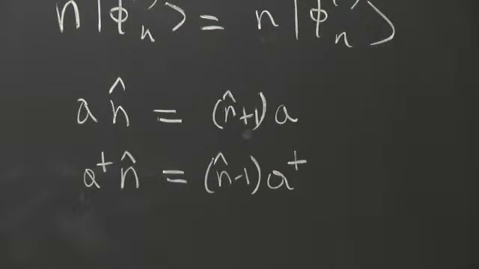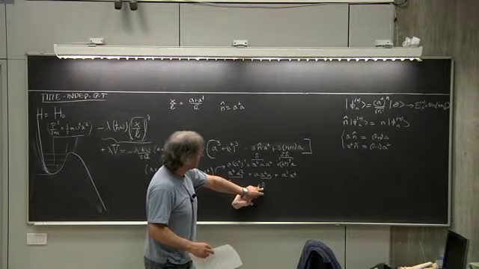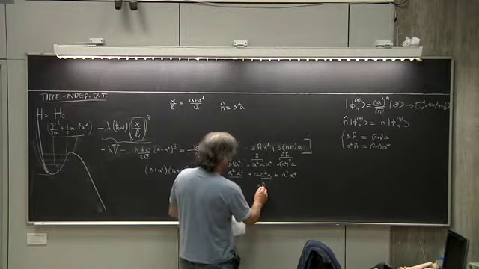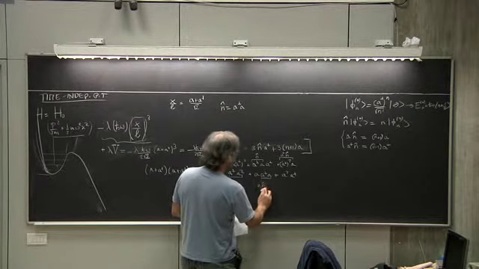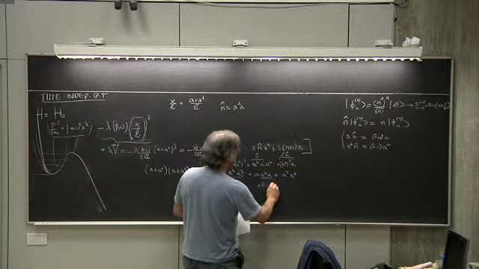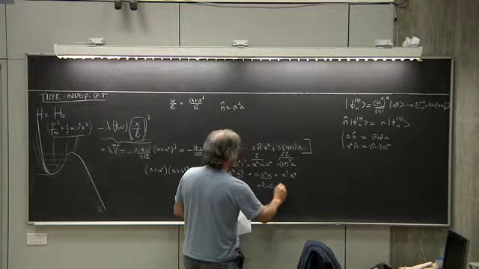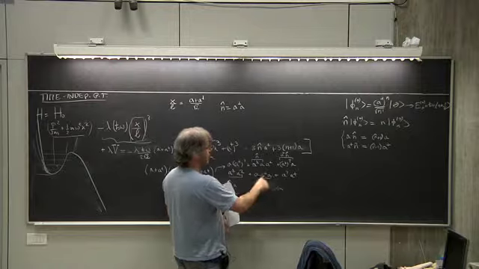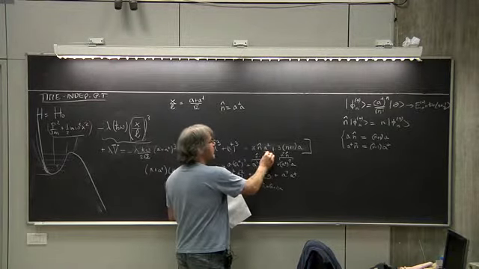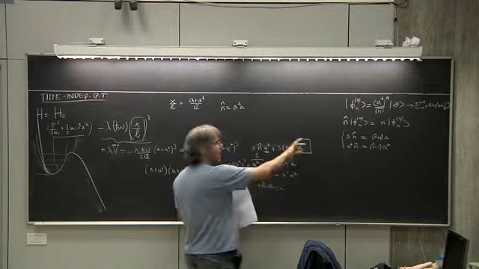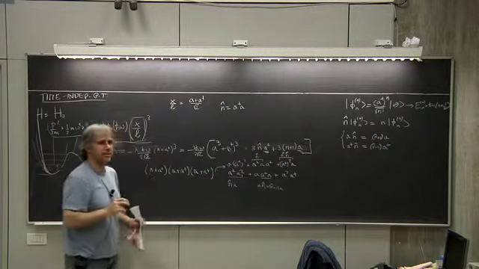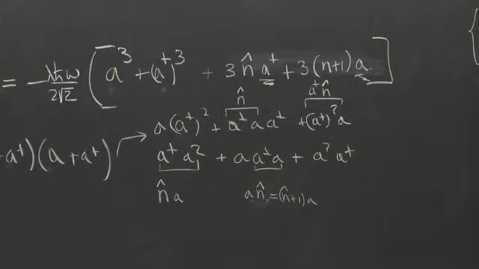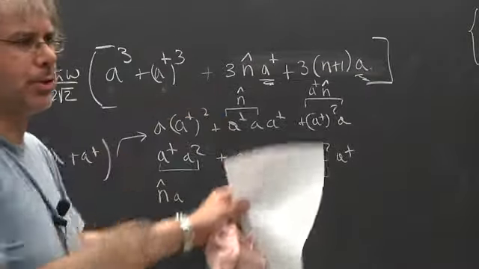So these 2 things you can verify, and they are useful because you immediately see that, for instance, something like this can be written now as, with the A to the right, n plus 1 A. And you can use several times this trick in order to have all the A's, or A daggers, to the right, and all the n's to the left, which is very comfortable in some sense, because you know how A and A dagger act, and then you count the remaining.